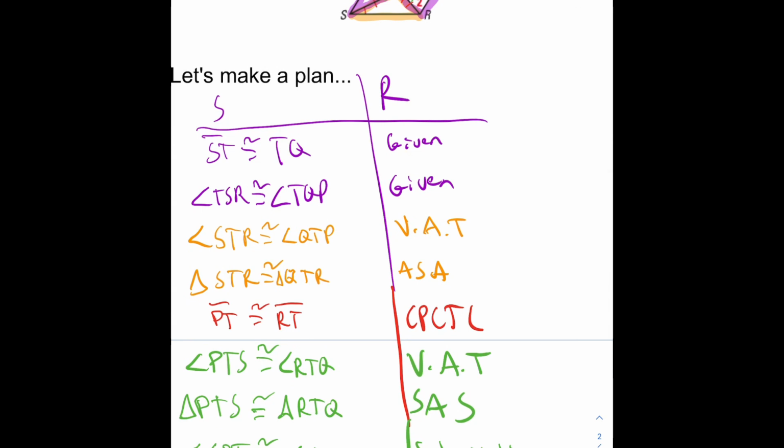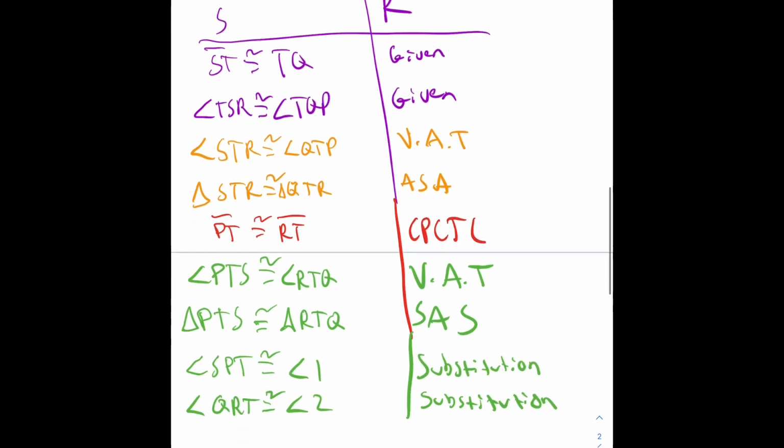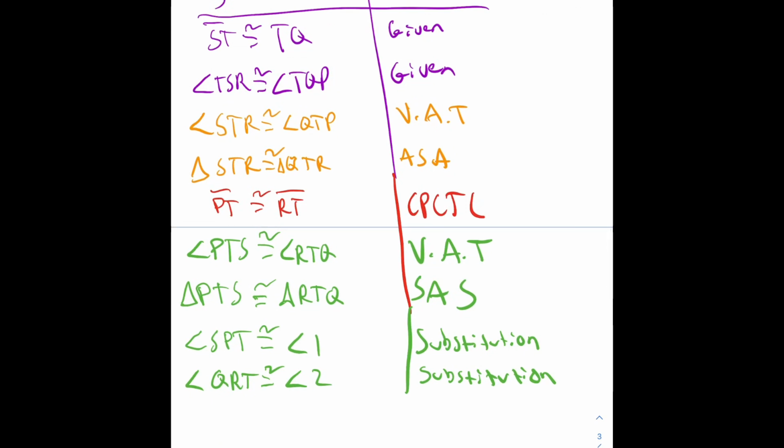And then angle QRT is congruent to angle 2, substitution. Therefore, we can now say that angle 1 is congruent to angle 2, and we've done enough.